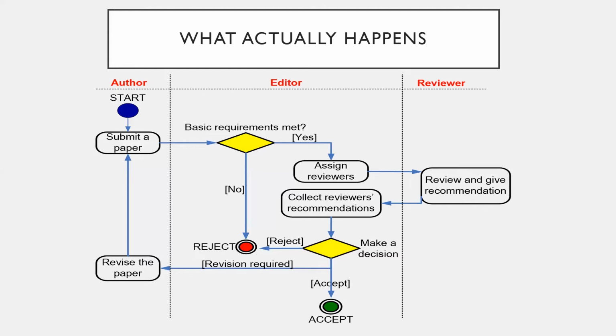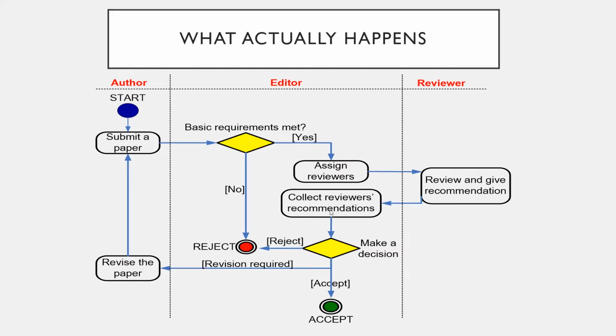Okay. After the editor assigns the paper to reviewers, some reviewers need 1 to 2 months, maybe some 3 months. It depends on the journal. So they give their comments and recommendations and send them back to the editor.